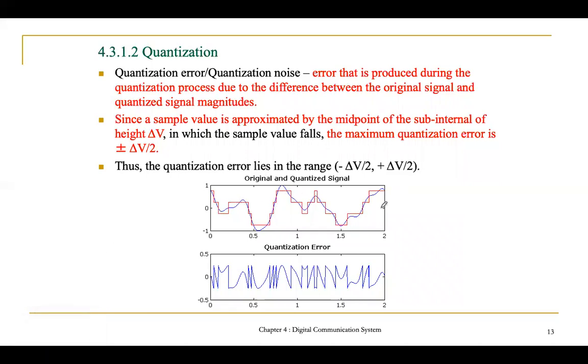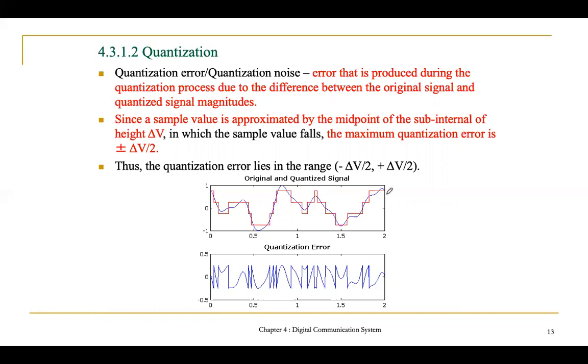This figure actually shows you the original signal and the quantized signal. So the blue line here is the original signal, analog signal, and the red line is the quantized signal, meaning the pulse amplitude modulation. So you can see the difference. Okay, so the difference here is what we call as quantization error.